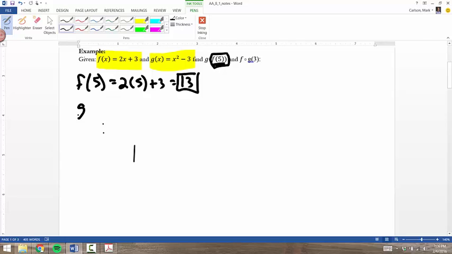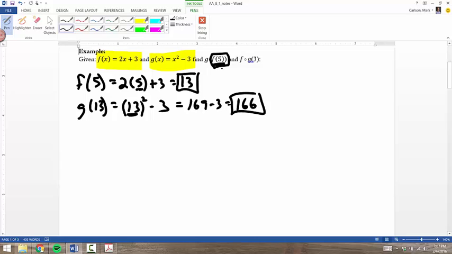So g of 13 is 13 squared minus 3. When I plug 13 into my function g, replacing x with 13, we get 169 minus 3, which is equal to 166. Therefore, g of f of 5 is equal to 166.